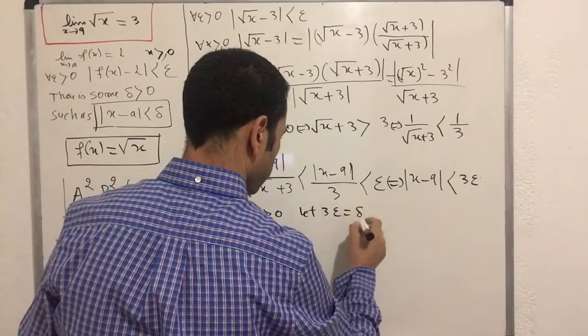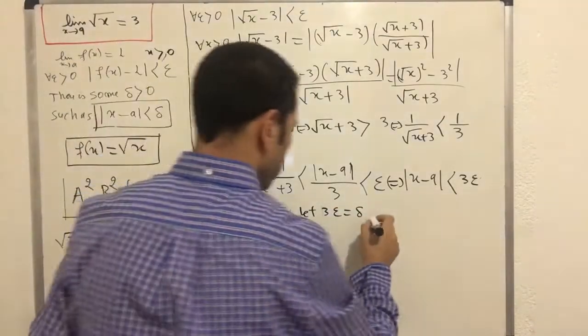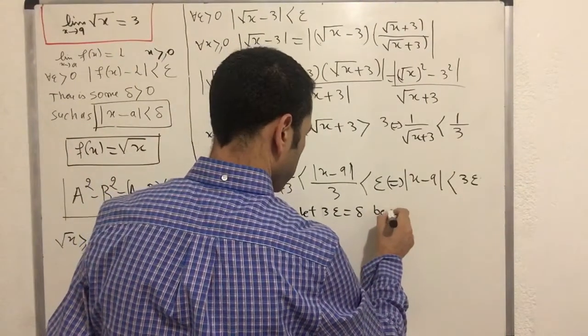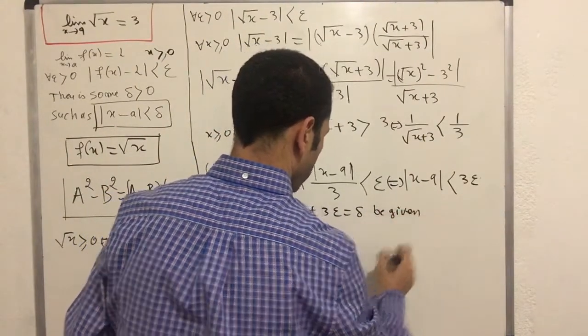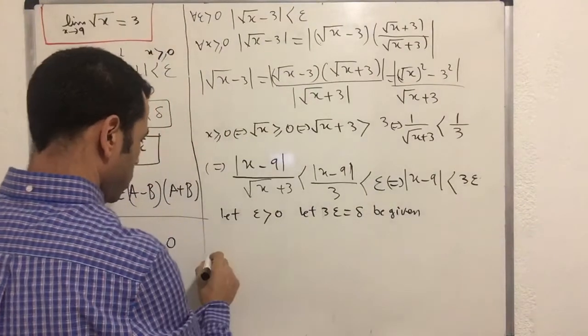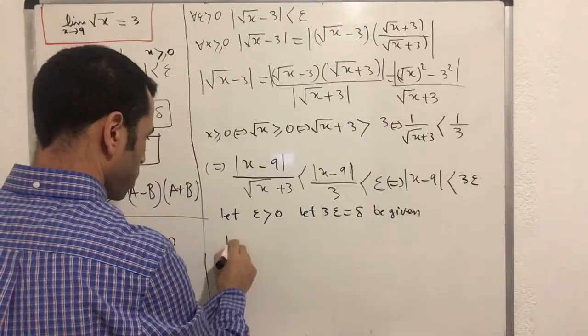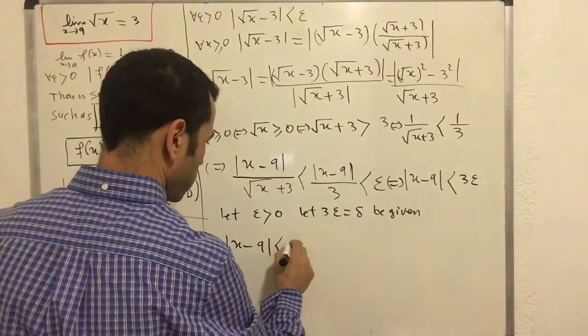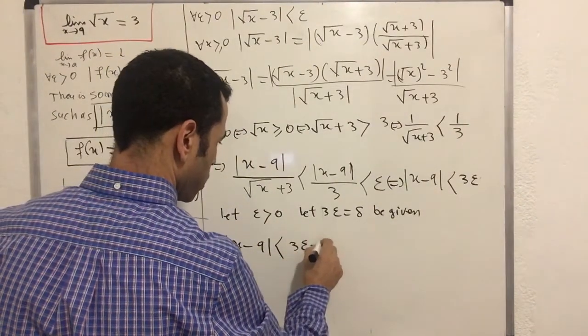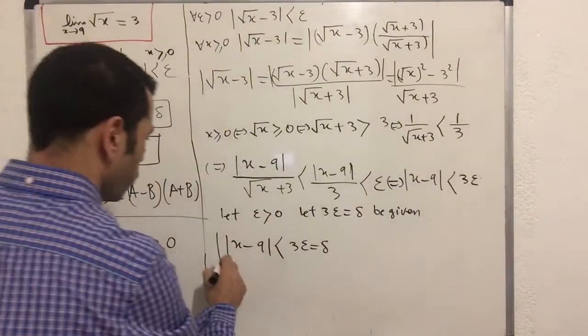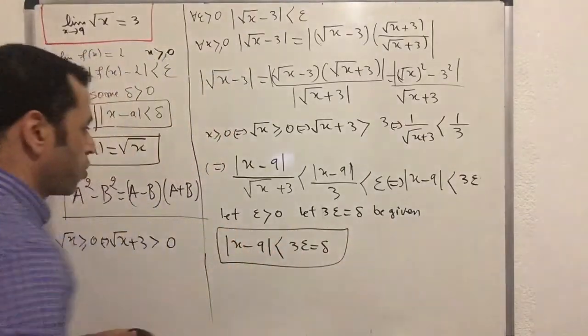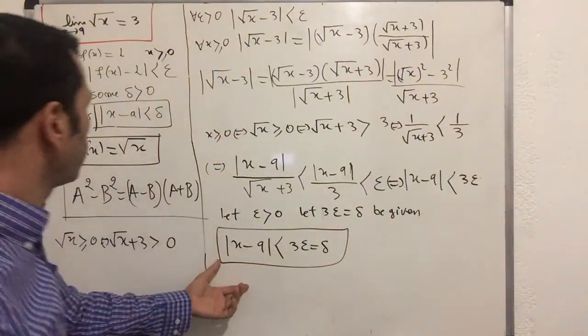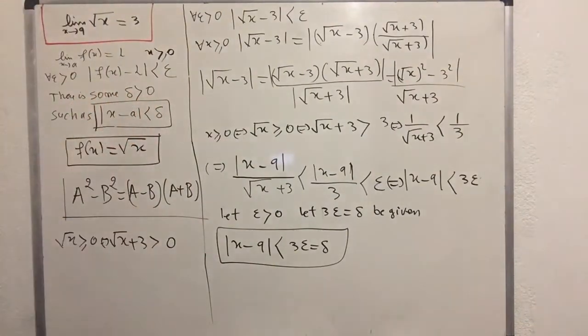So the absolute value of x minus 9 is strictly inferior than 3 epsilon, which is delta. Now we proved our inequality, so we proved this limit definition.